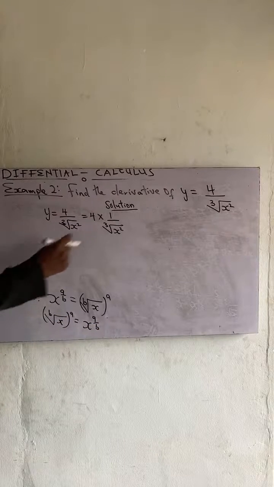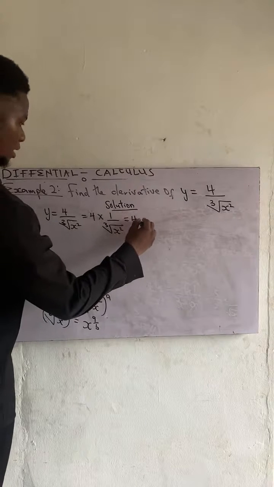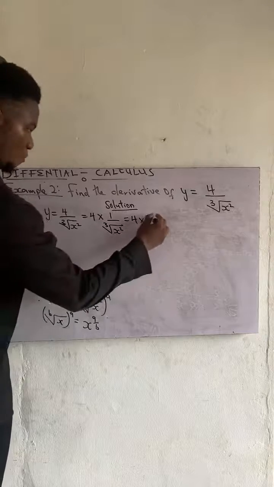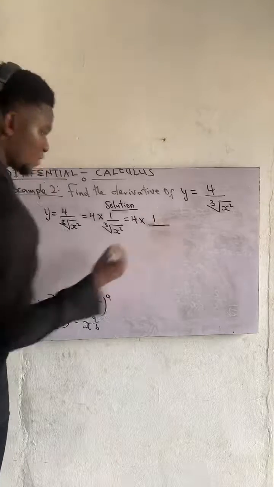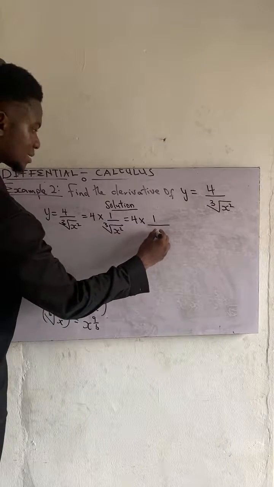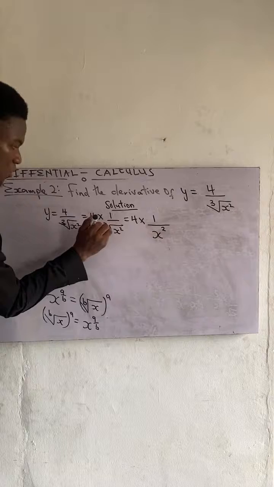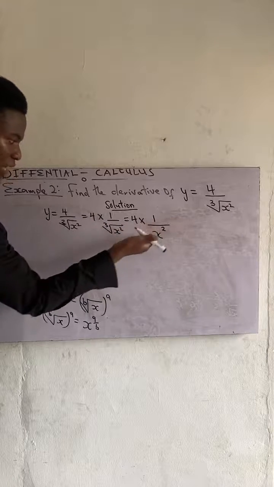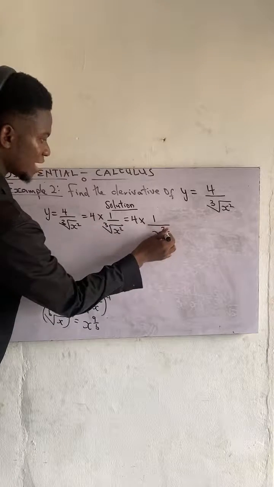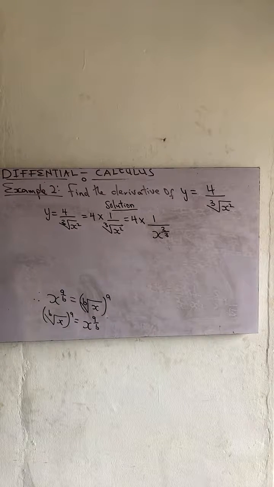So this expression I have here, I can rewrite it as 4 times 1 over x raised to power 2 over 3, where the value inside the root is the denominator of the power.